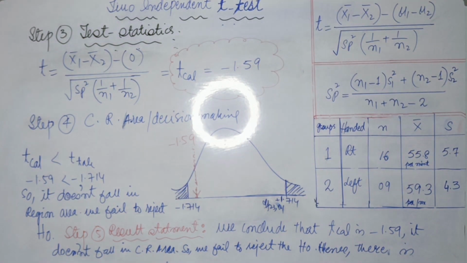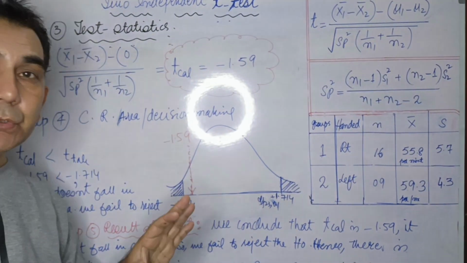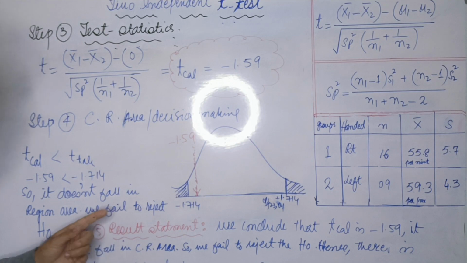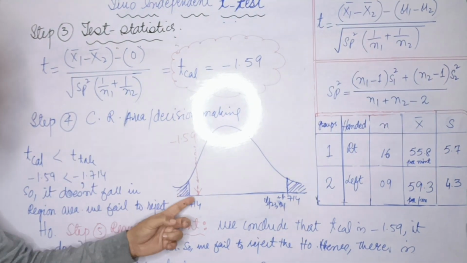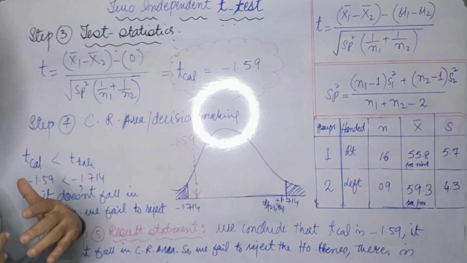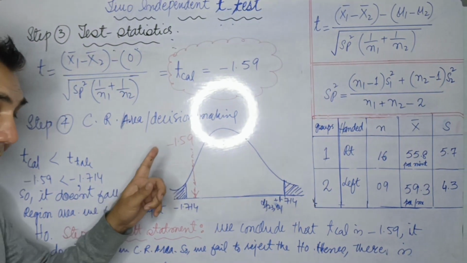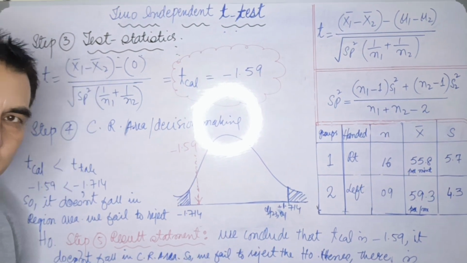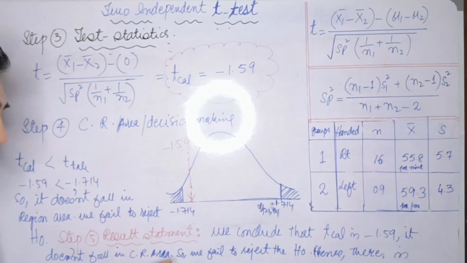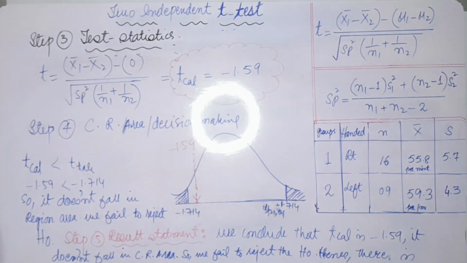Now here is some conceptual thing you should keep in mind. When your t calculated doesn't fall in the rejection area, we fail to reject the null hypothesis. When we fail to reject the null hypothesis, while writing your result statement you always write it in support of the null hypothesis.